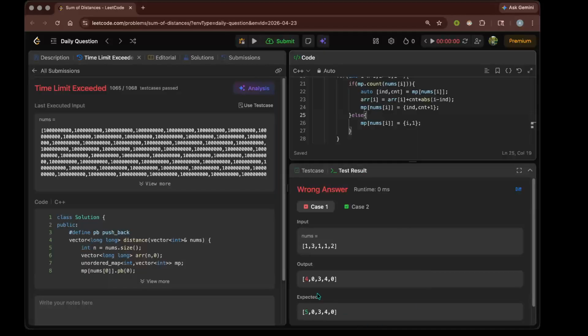It's like 1, 2, 3. 3. 3 into 2 is 6. Let's think a bit.